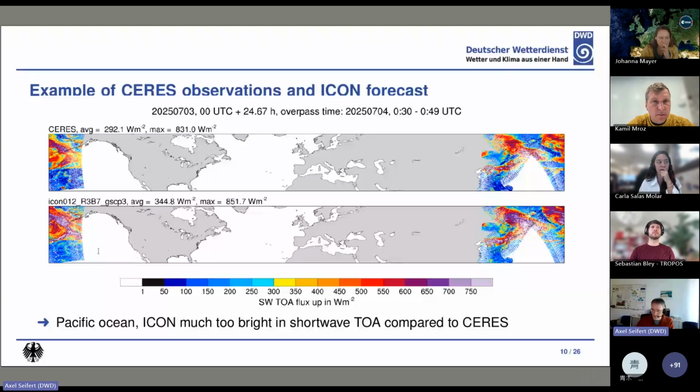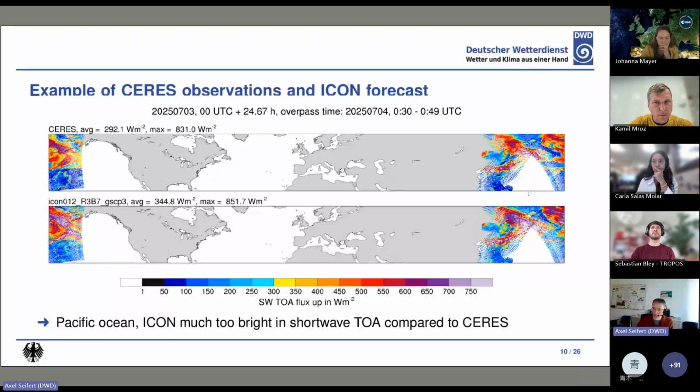Here you see different CIRRUS instruments, so all the various satellites are plotted on the same plot. You can see that in these frontal cloud bands, ICON simply reflects more than what we see in the corresponding CIRRUS data. And this is exactly the signature that we saw in the zonal averages.